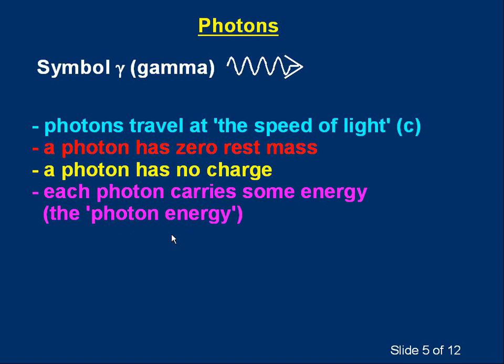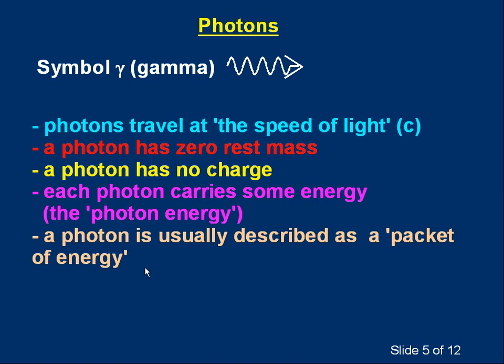We're going to be talking a lot about this. And finally, let's just note a photon is usually described as a packet of energy, or it might be better to say a packet of electromagnetic energy. It's a separate entity, a self-contained packet of energy.